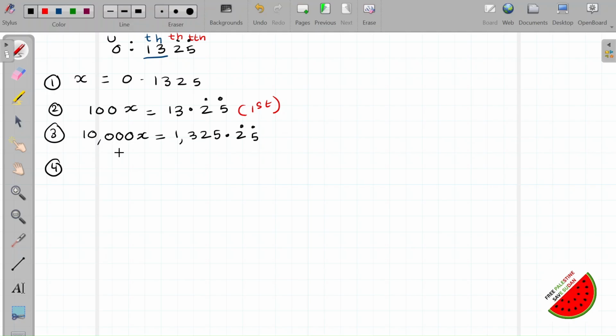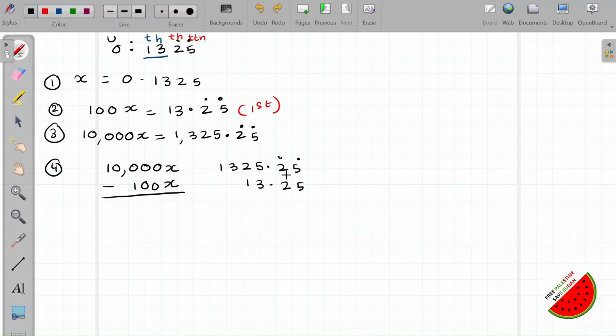And then we do the subtraction. 10,000x minus 100x. 1,325.25 subtract 13.25 and the recurring.